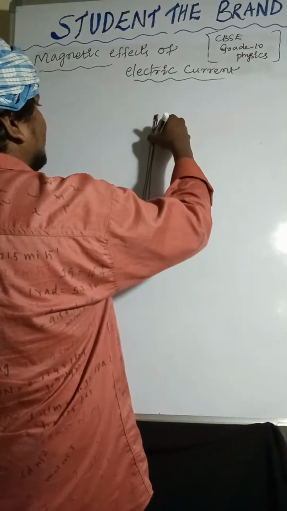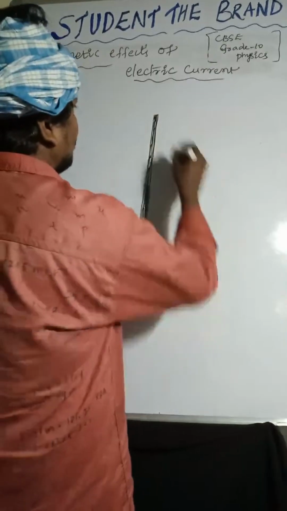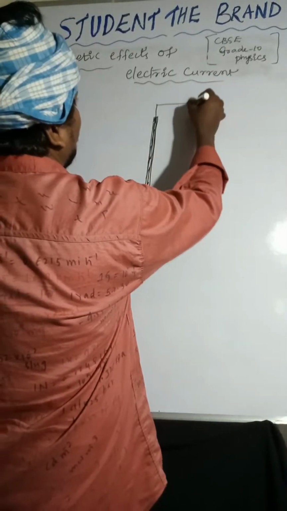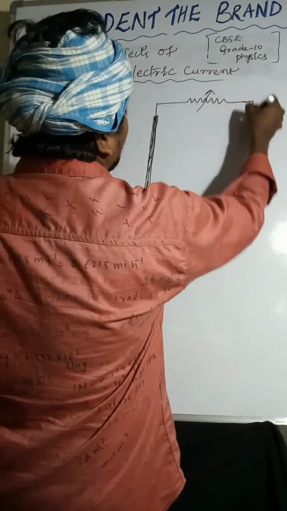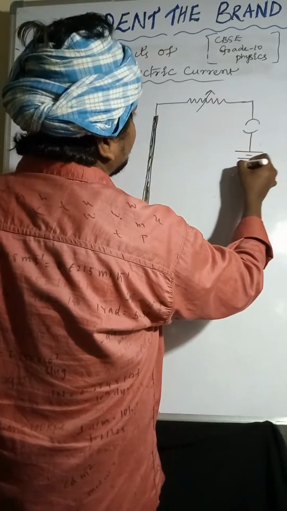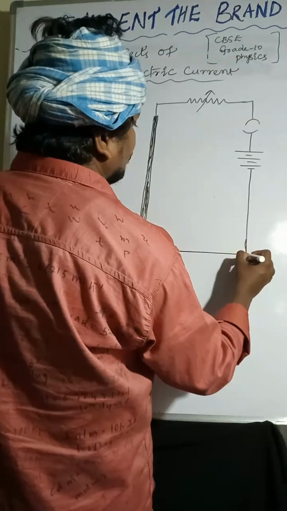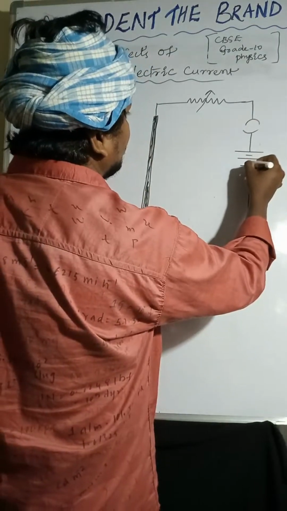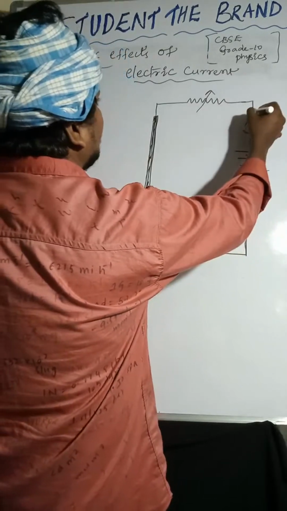Current is passing. I'm taking a variable resistor like this, with a switch and a battery. Positive terminal, negative terminal, switch, current is passing.